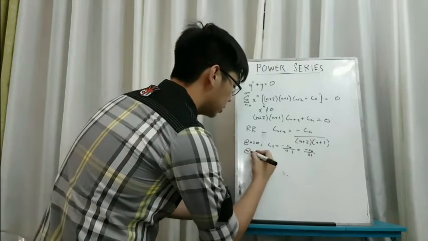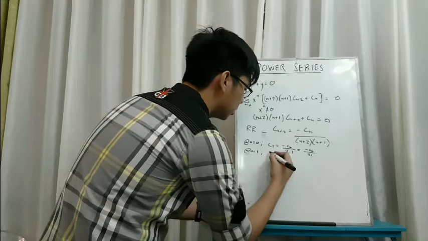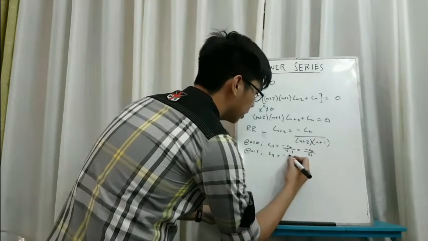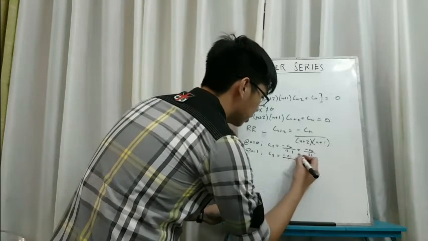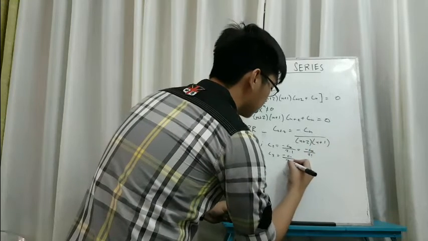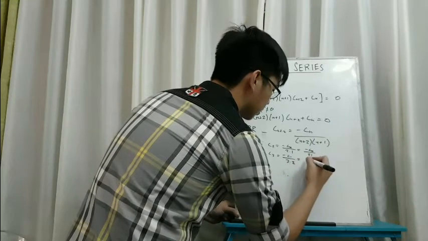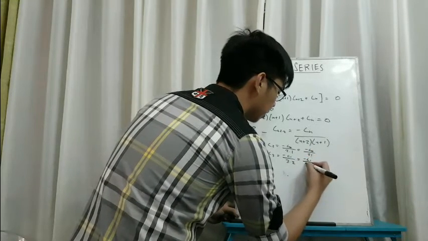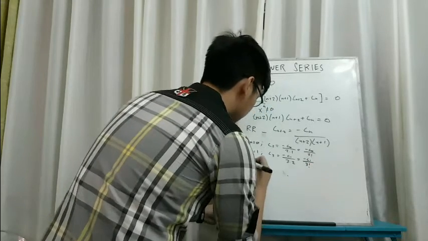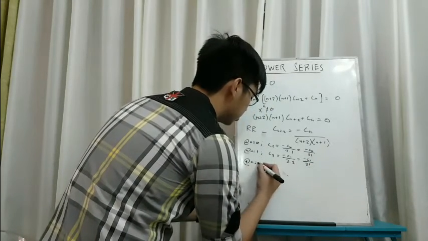At n is equal to 1, C3 is equal to negative C1 all over 3 times 2, or negative C1 over 3 factorial.